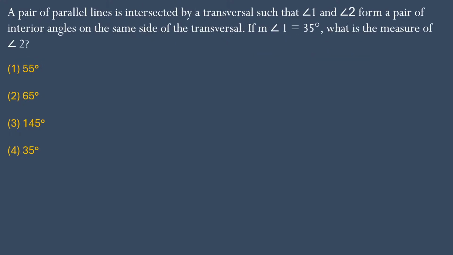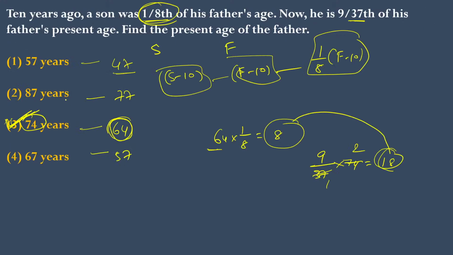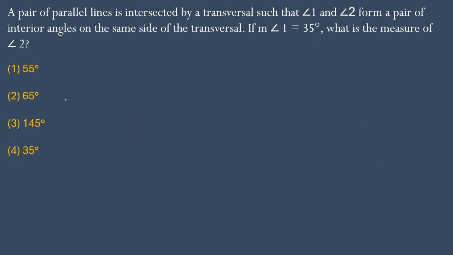Okay, right, next. See the question here. A pair of parallel lines is intersected by a transversal, such that angle 1 and angle 2 form a pair of interior angles on the same side of the transversal.